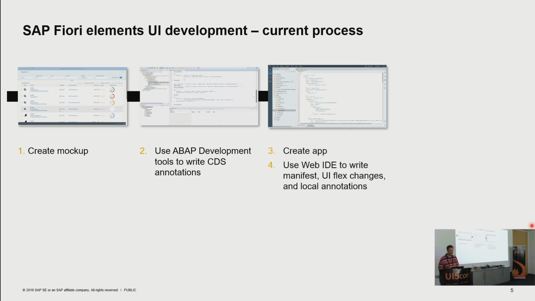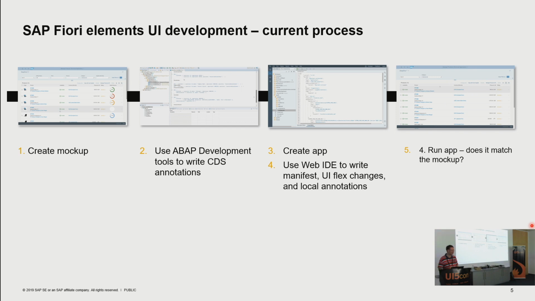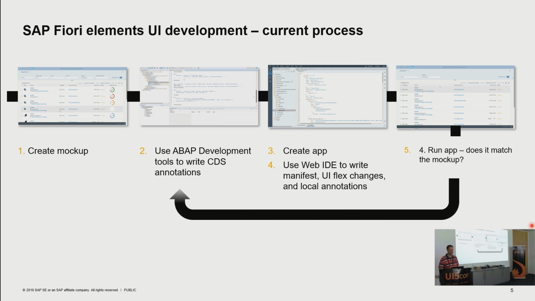Then you have a second tool, you have to go to the Web IDE to create your app, your project, and do some additional tweaks if necessary, so additional flex changes for things you cannot express with annotations, extensions or local annotations which are not available in ABAP CDS, for example. Then you have an outcome and you check that against your mockup, and usually it is a bit of trial and error. So you go back to the ABAP Development Studio and iterate on that.